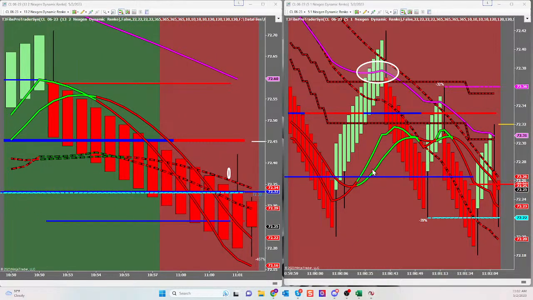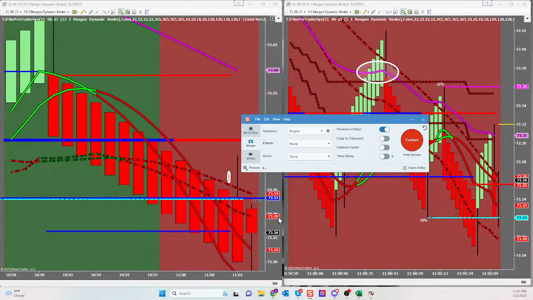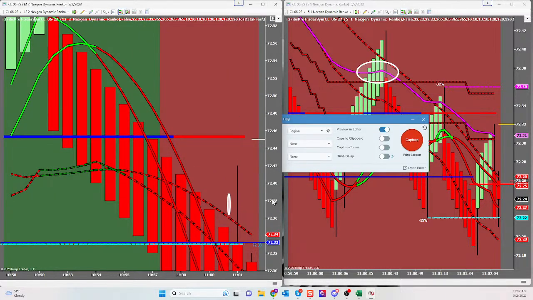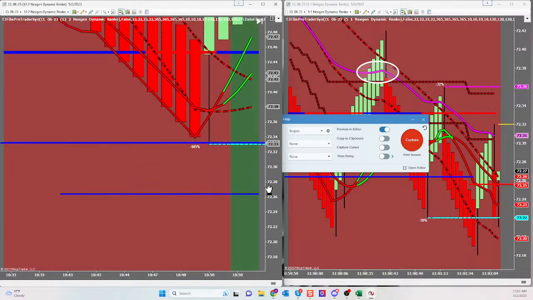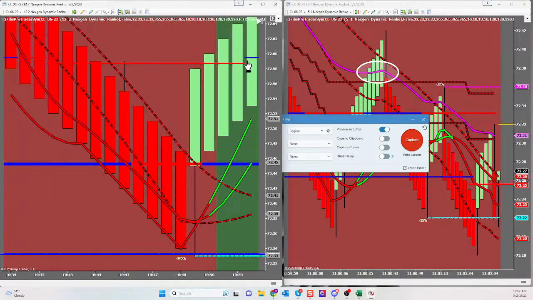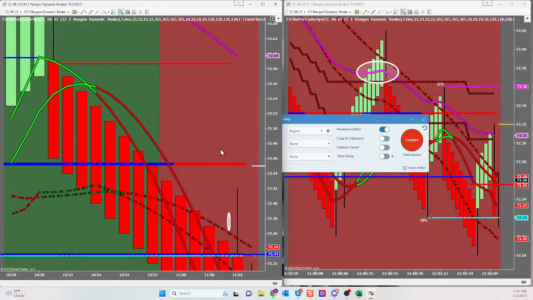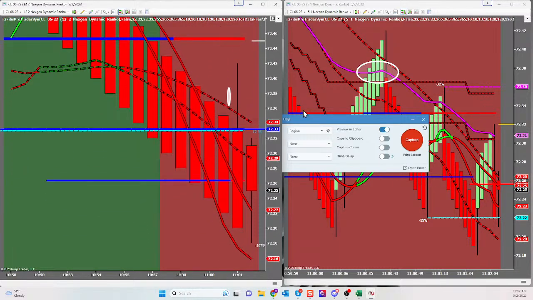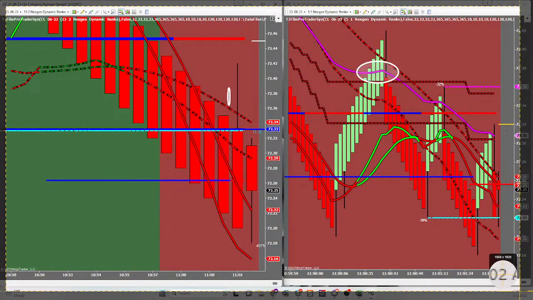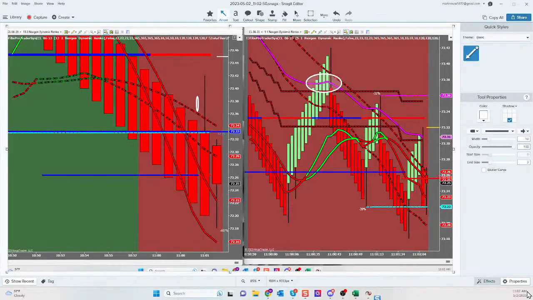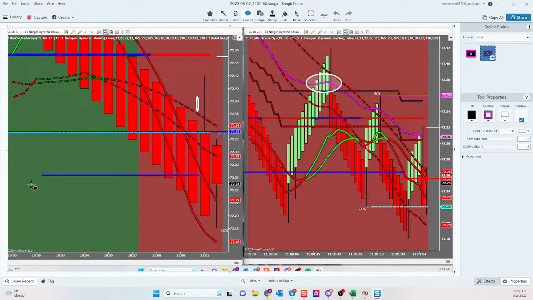I'm going to take a picture. Remember, guys, your high probability trend trade takes you to a medium probability trend trade.